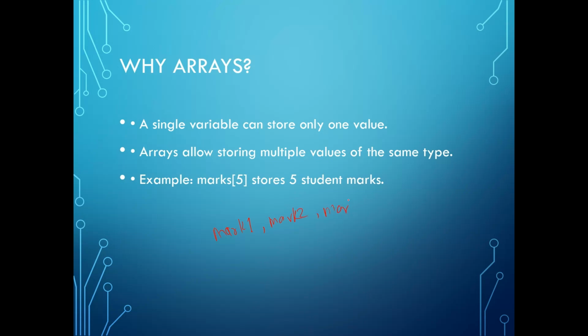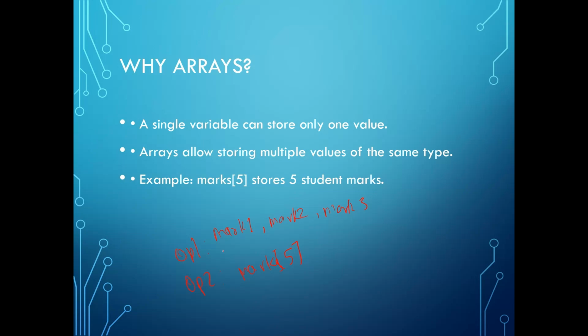This is option one. And option two, use an array with marks of five. So arrays allow us to group values of the same type under one name.